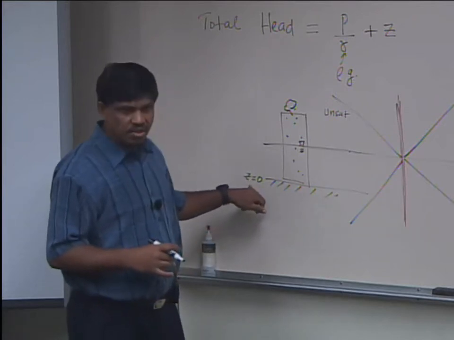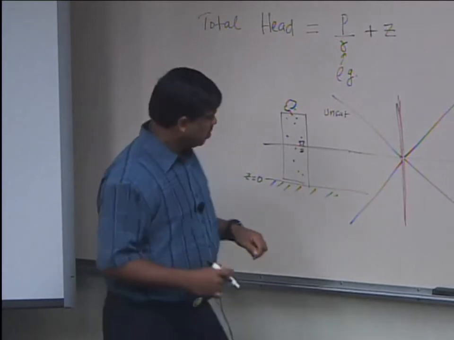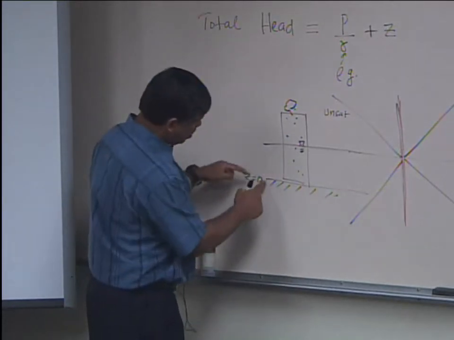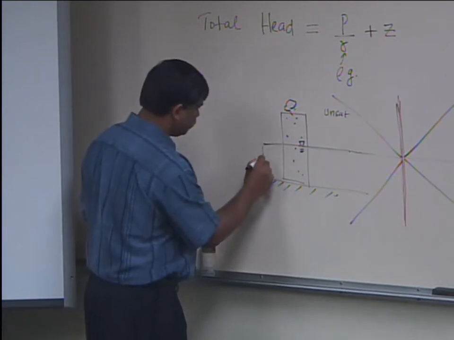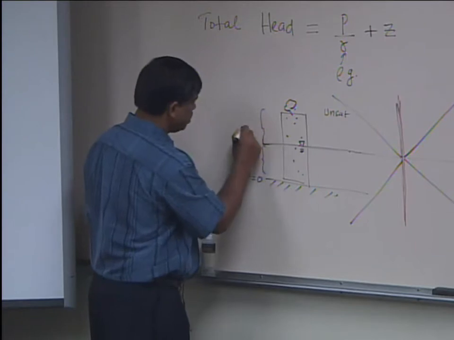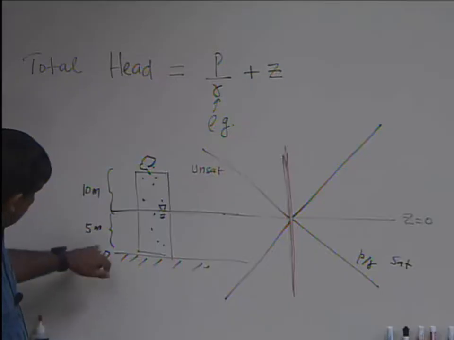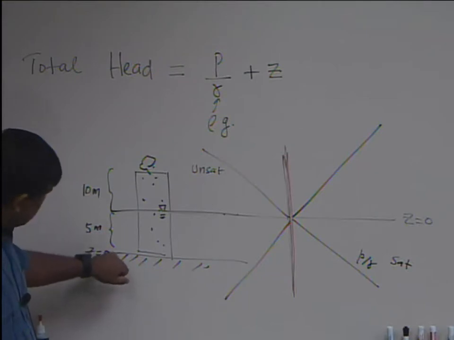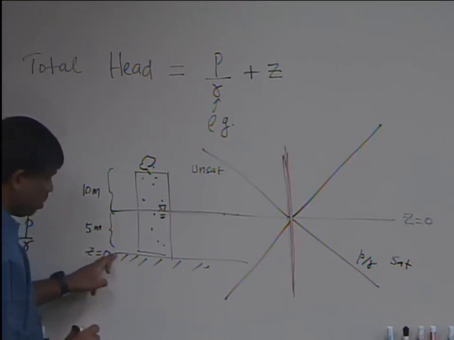What happens if Z equals 0 here? How will this pressure distribution diagram change? Remember, if Z equals 0 here, then P equals 0 at the water table, and we've got to put some numbers here. Let's say this is 5 meters, and this is 10 meters. Now, if Z equals 0 here, what is the pressure head at this point? Positive.